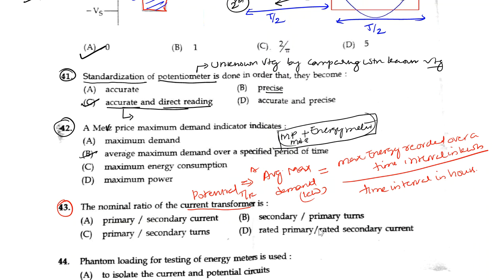Now there is one more formula which may be useful from your examination point of view, that is the ratio correction factor. It can be written as the transformation ratio divided by the nominal ratio.